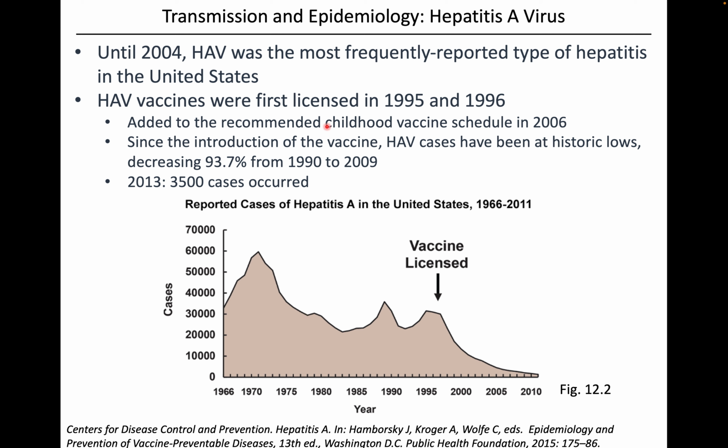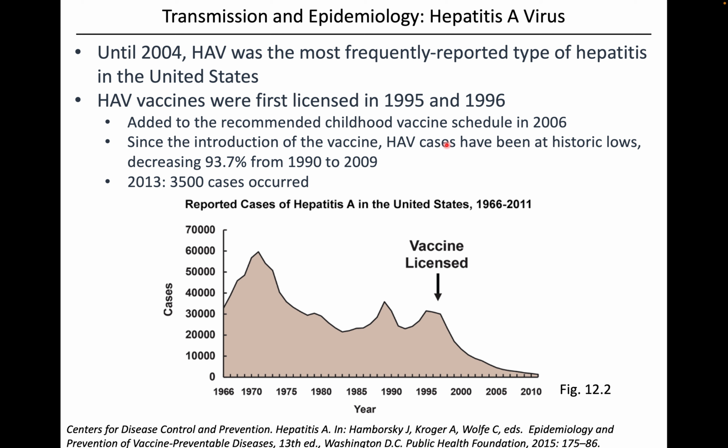So I mentioned there was a vaccine available against hepatitis A. This was first licensed in the mid-1990s. It didn't make it onto the childhood vaccination schedule until the early 2000s, though.